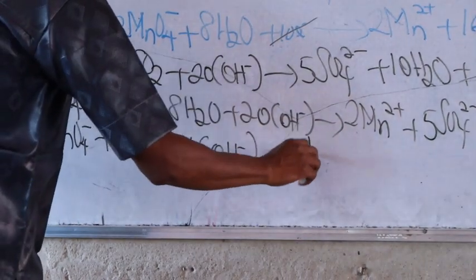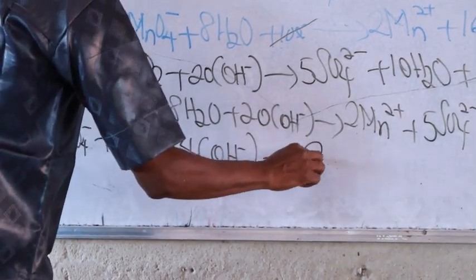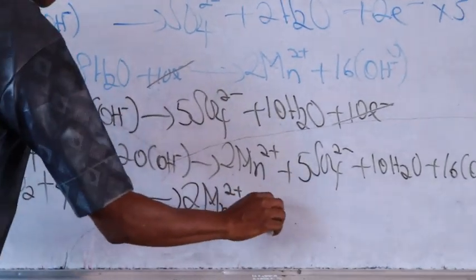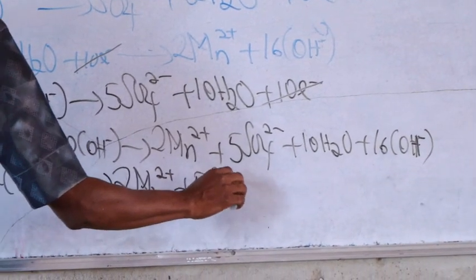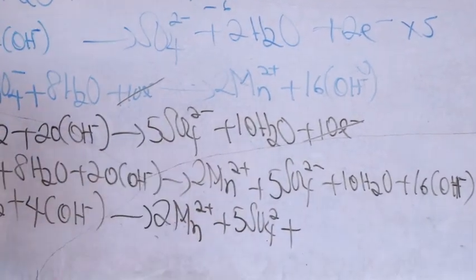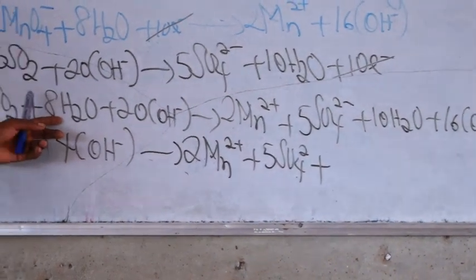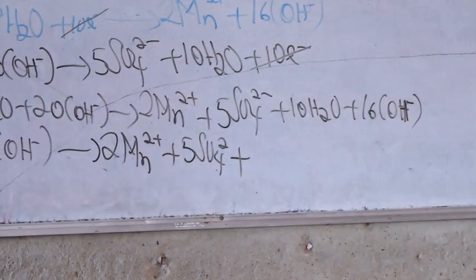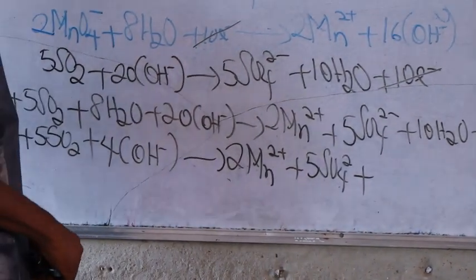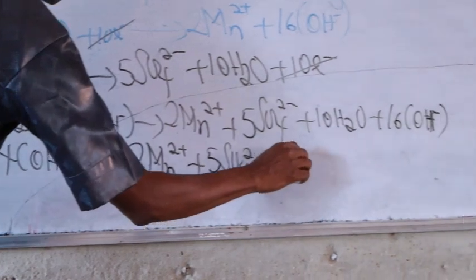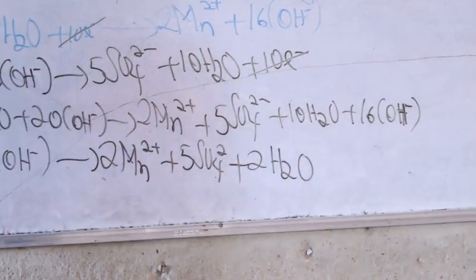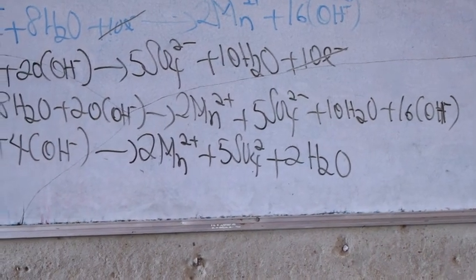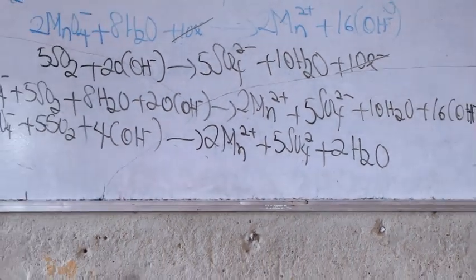Then this will give us 2Mn2 plus 5SO42 minus plus. Now the 8 water molecules I've brought to this place, so you take 8 water molecules from 10. That will give us 2H2O. And this is going to be the balanced equation in alkaline medium.